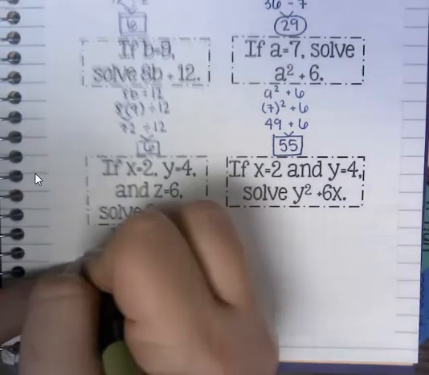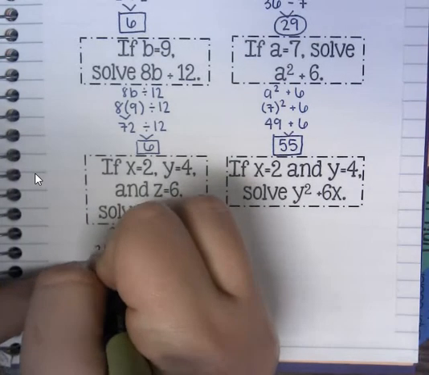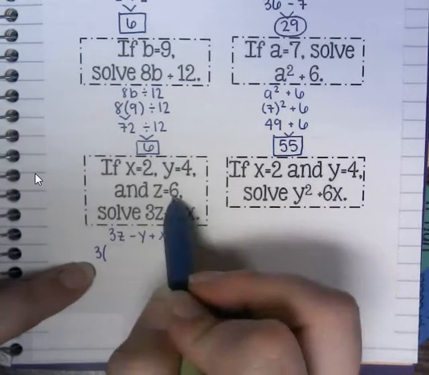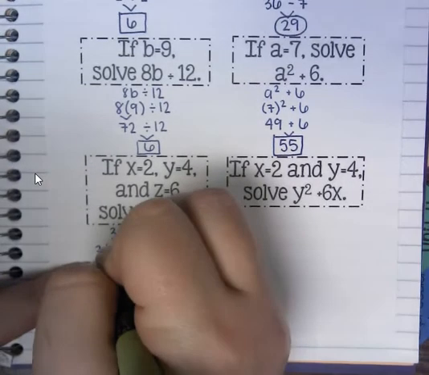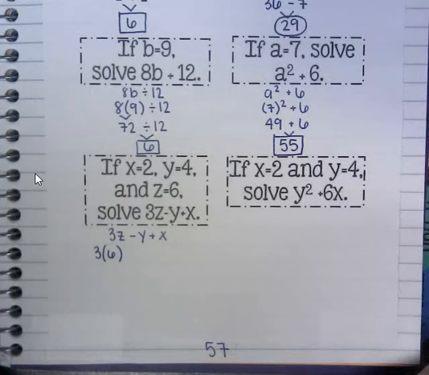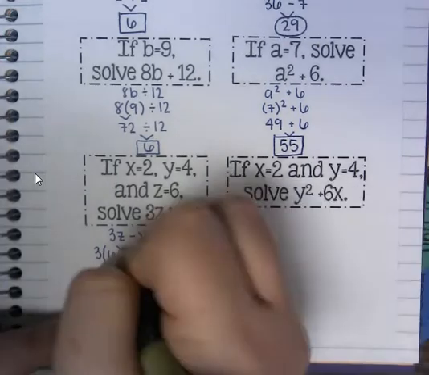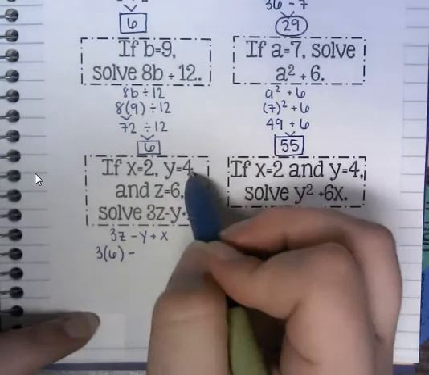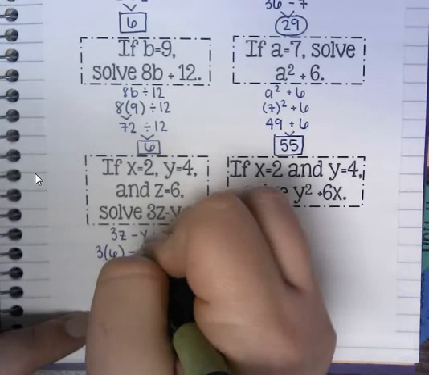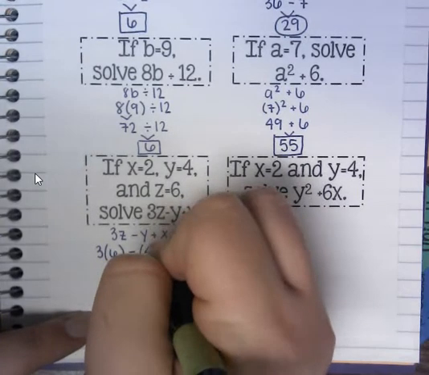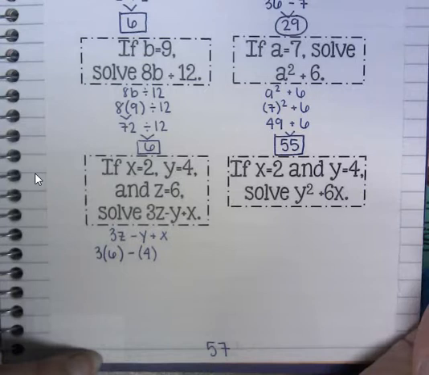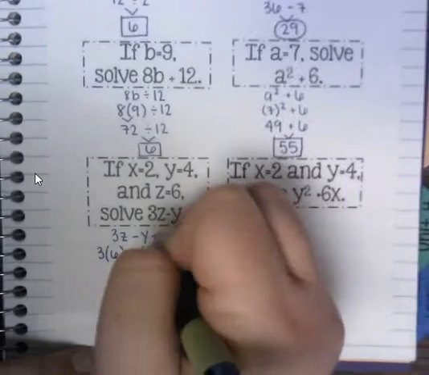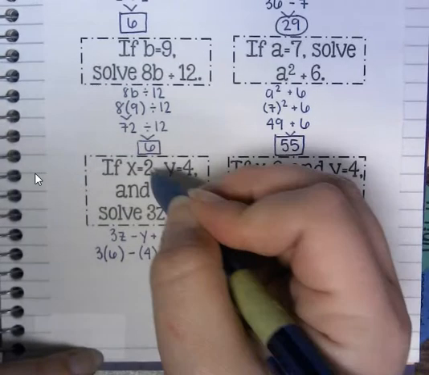I've got 3 parentheses z, which we know is 6, closed parenthesis, minus y, which is 4. So we're going to put it in parentheses, plus x, which is 2.